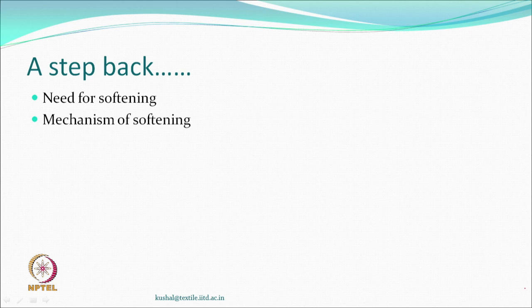We did talk about the need for having a soft finish, the mechanism, which in general meant reducing surface friction between the fibers, between the yarns, and we understood that softening is primarily a surface treatment process, not a bulk process.